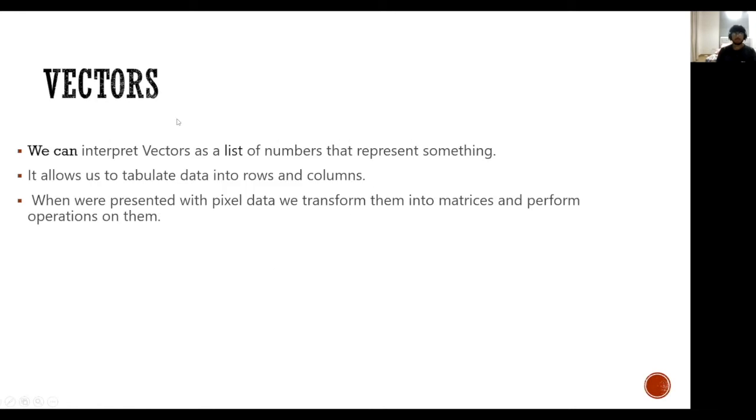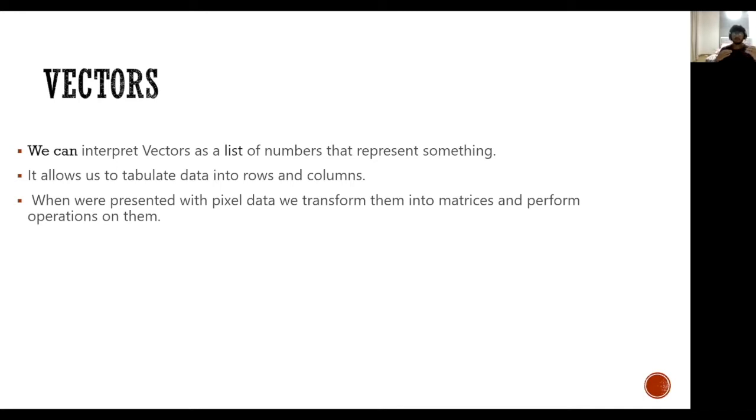Now let's get into vectors. We can interpret vectors as a list of numbers that represent something, and we often tabulate data into different forms, like rows and columns, as seen in matrices, and we'll get to those.